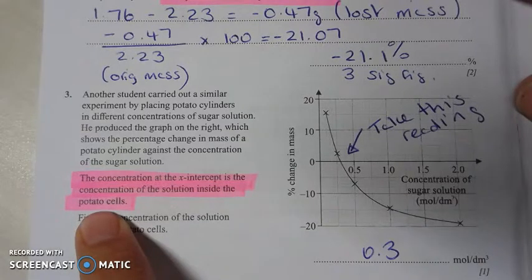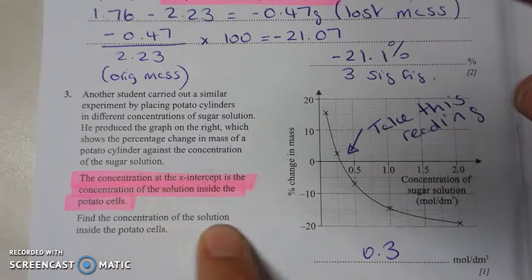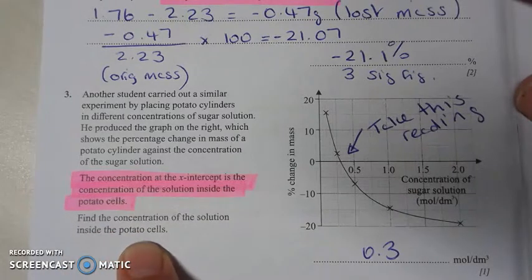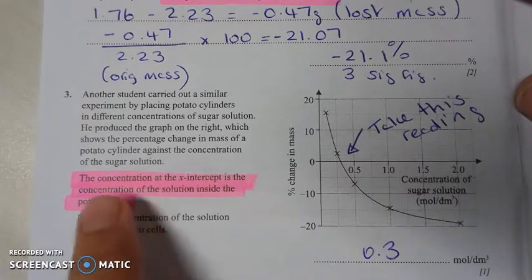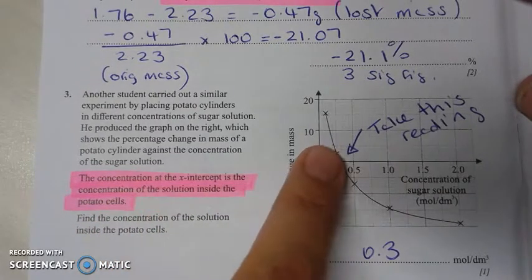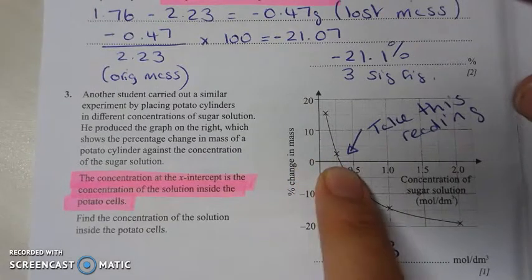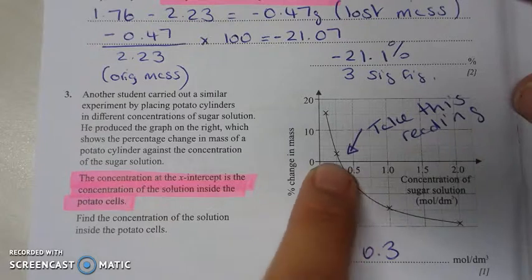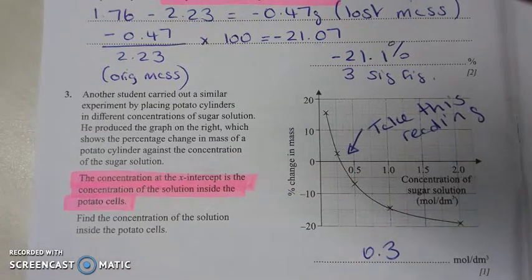That's my clue. Find the concentration of the solution inside the potato cells. Now, if you'd gone straight to just reading this sentence at the bottom, you would have missed out on this clue here. Essentially, where the graph crosses the line at x is the reading that you need to take. So if you have a look very closely, you will see the answer is 0.3. And that's all you need to do for that.